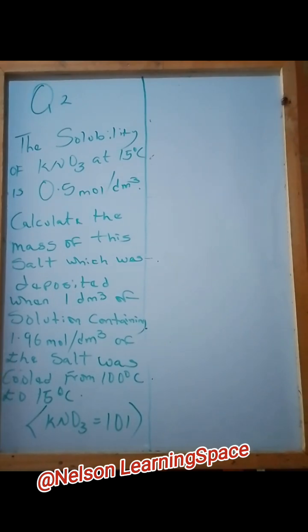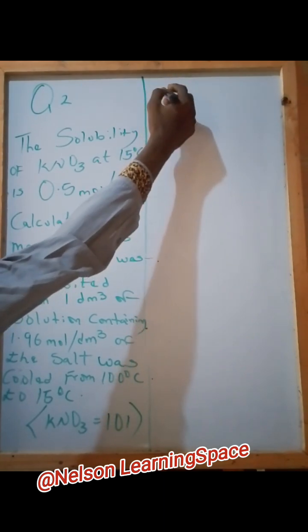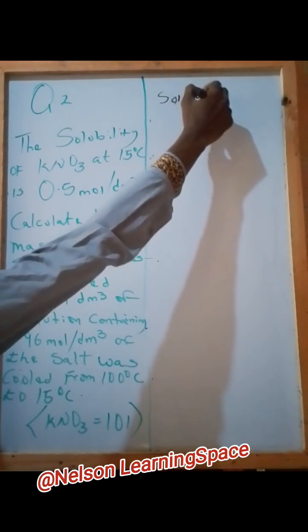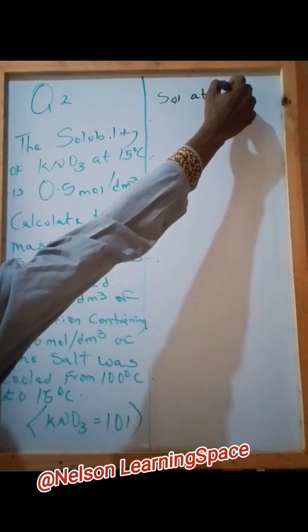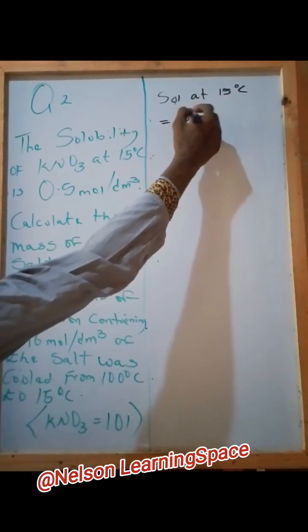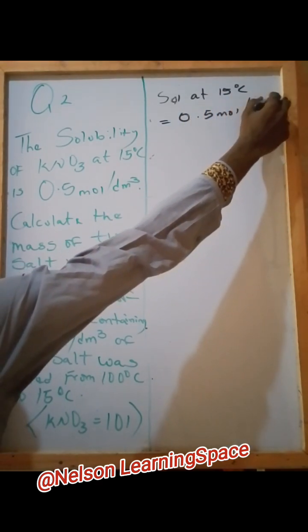So, the longer method. But before that, let's bring all our parameters out. I think we have the solubility at 15 degrees Celsius, which is equal to 0.5 mole per dm cube.